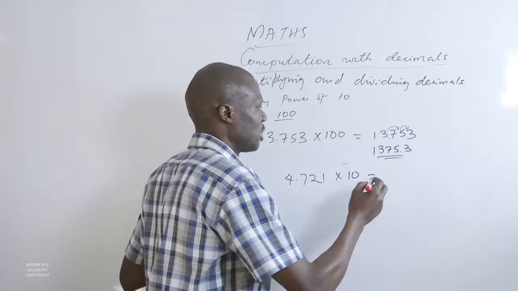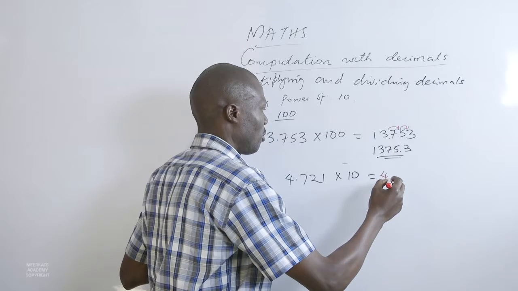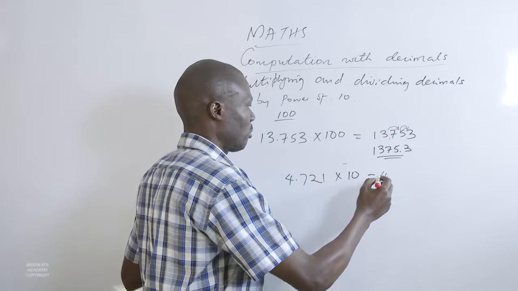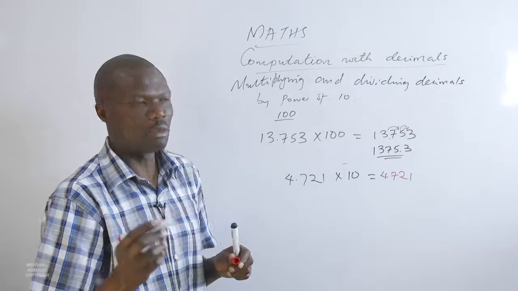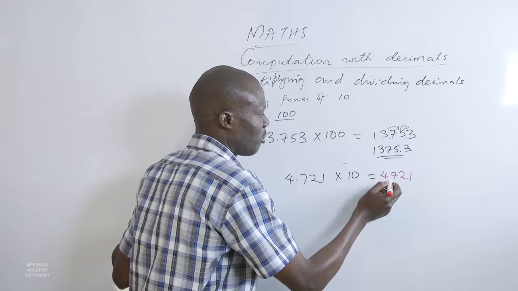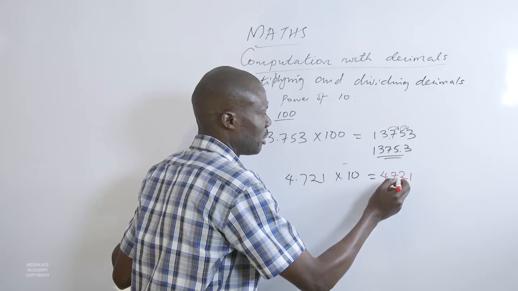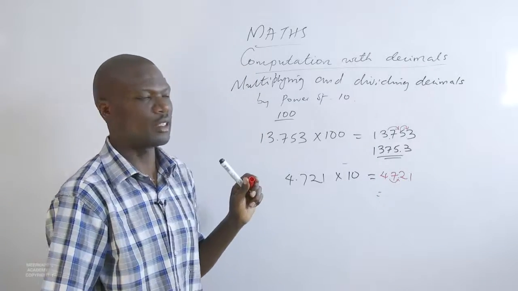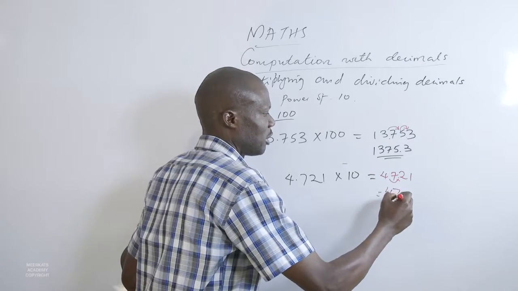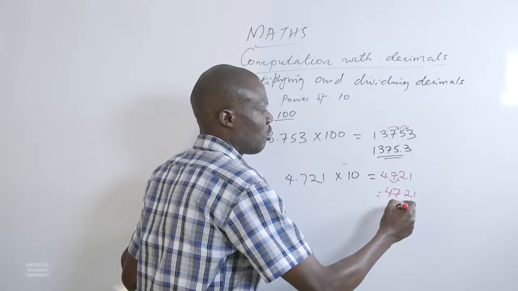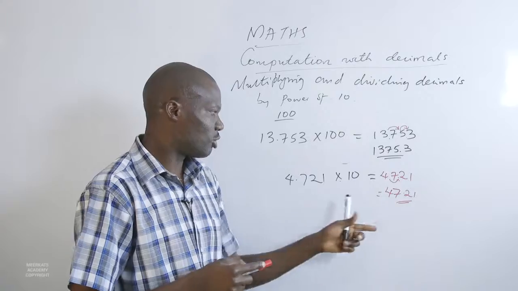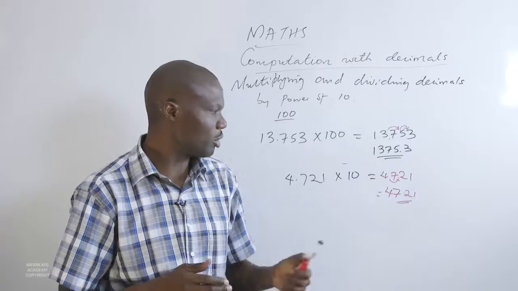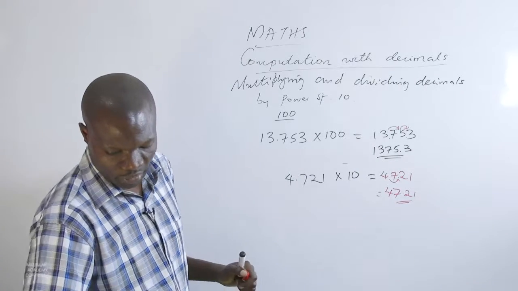So I'll have 4.721, and the decimal point moves from here to this point. So we shall have our answer as 47.21. That is, we have been able to move the decimal point to the right.